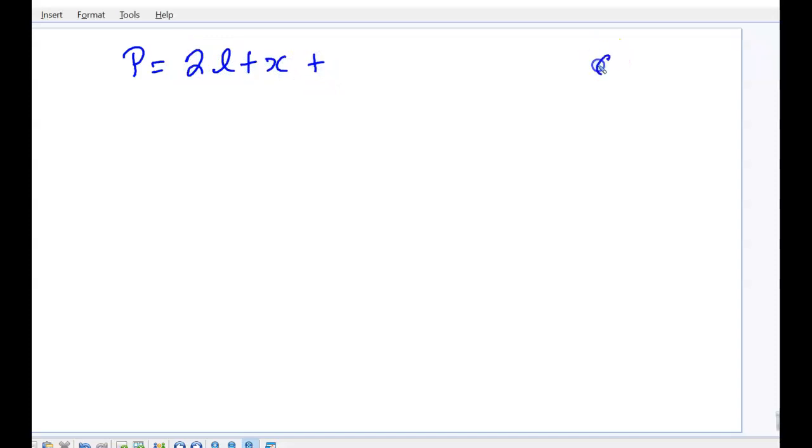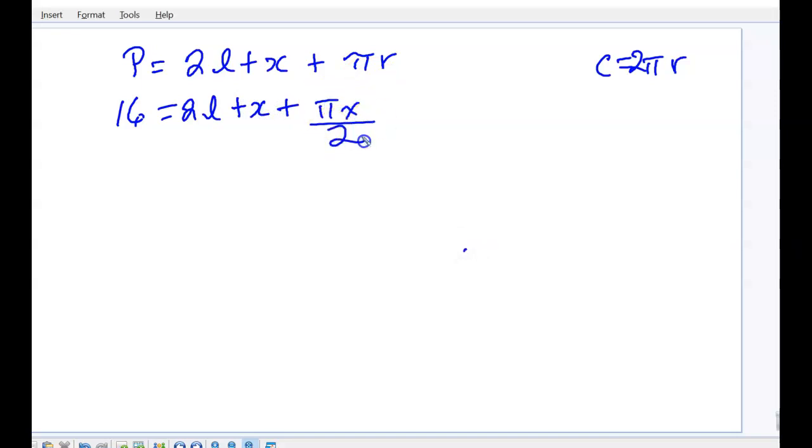The circumference of a circle is 2 pi r, so half of the circumference is going to be pi times r. And we know the perimeter is 16, and we know that the radius is 1/2 x, so this is going to be pi x over 2. So there is my second formula.